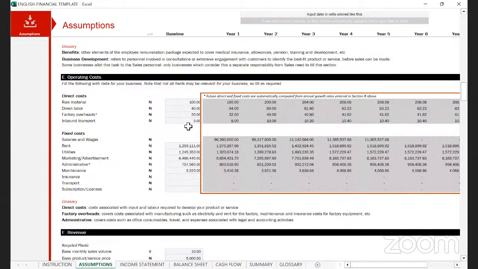So it's that straightforward. You don't need to change things around too much. But what you need to do is to be able to estimate for the service you're providing. How many times will I be providing that service per month, per year? And how much will I charge each time I'm providing that service? That will give you your revenue computation.